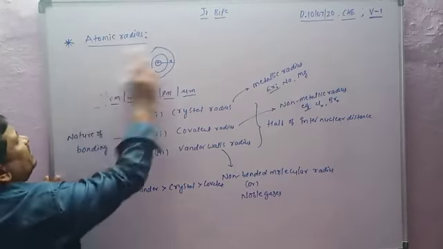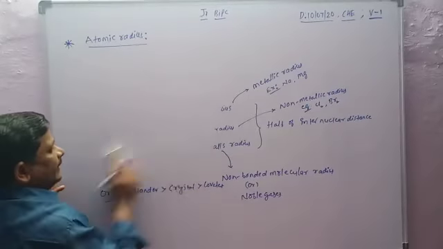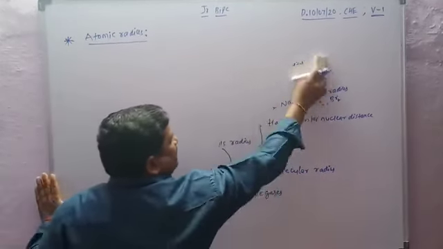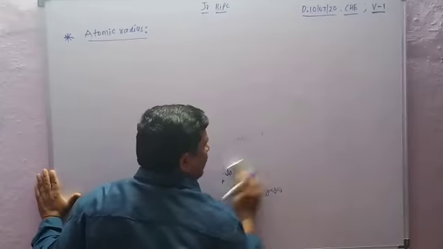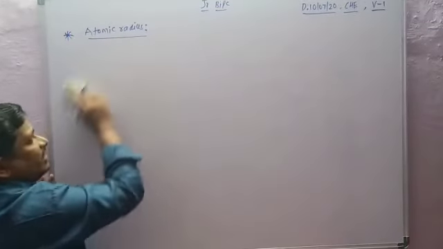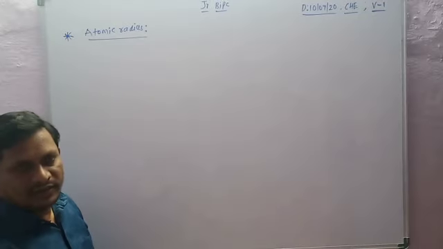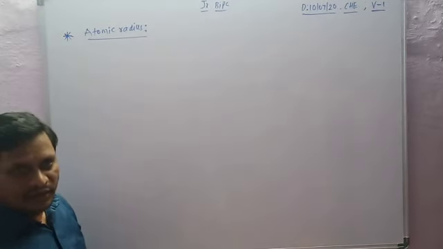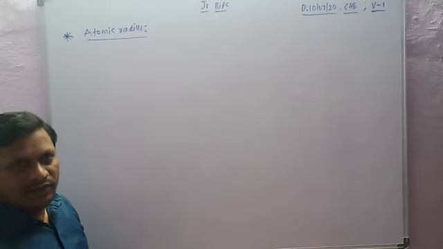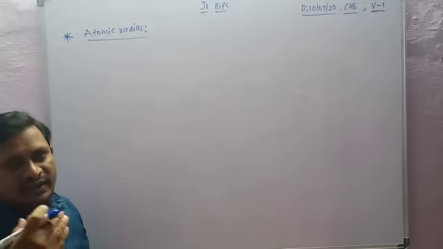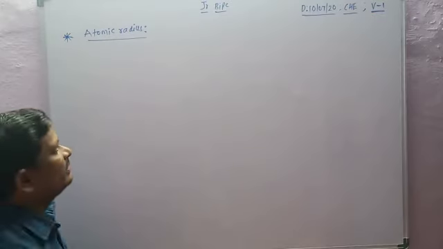Next is ionic radius. What is an ion? When a neutral atom loses an electron, it gets a partially positive charge; that is a cation. When a neutral atom gains an electron, it gets a partially negative charge; that is an anion.